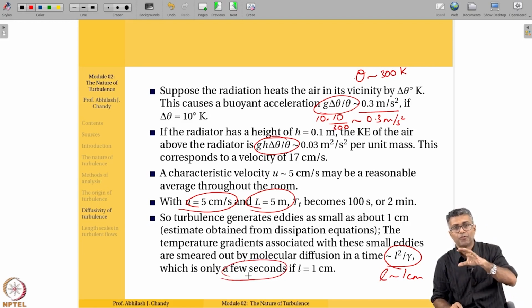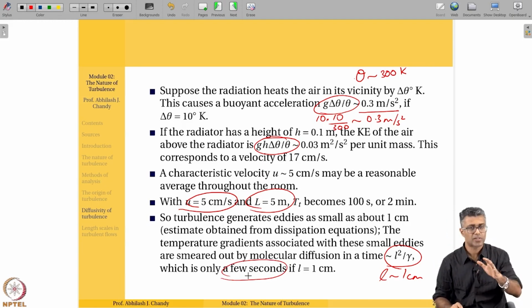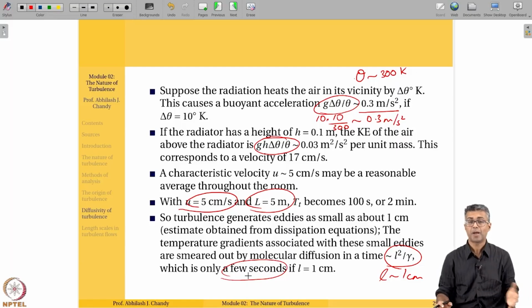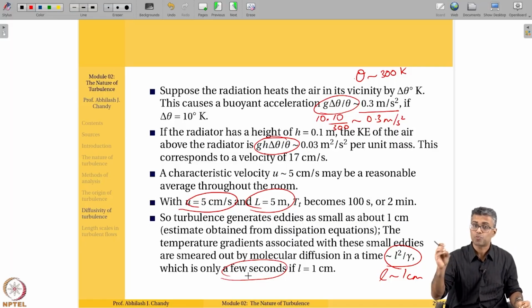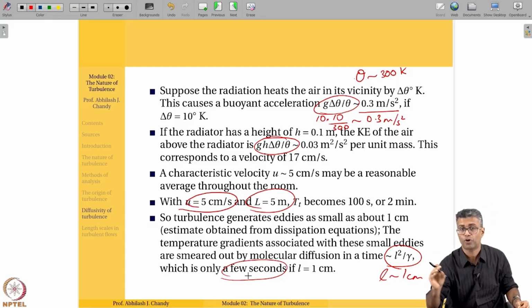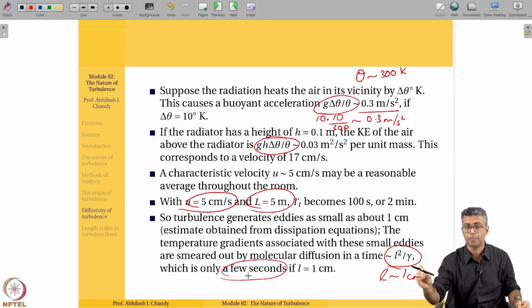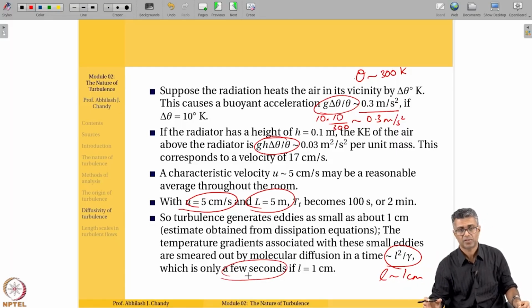The time scale for heat to be distributed in a turbulent flow is of the order of 2 minutes, much faster than in a laminar flow where you only have molecular diffusion. And the smallest eddies, of the order of 1 centimeter, dissipate due to molecular diffusion in a few seconds.